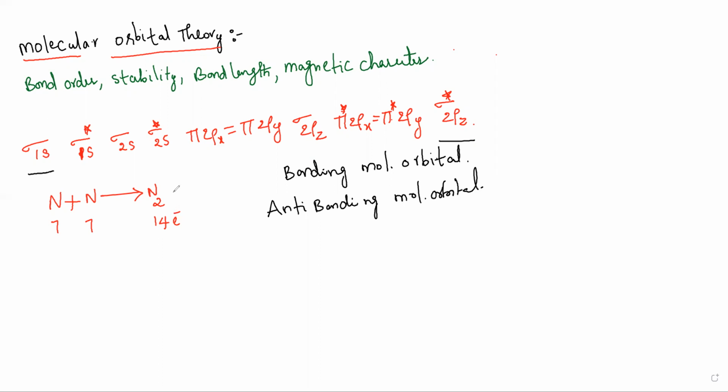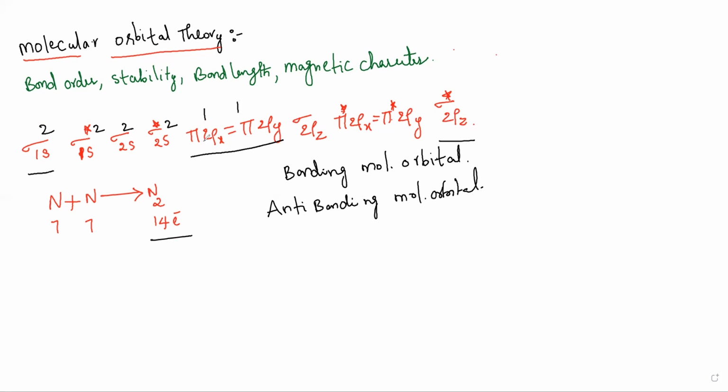We are talking about the nitrogen molecule. It is formed with 14 electrons. Those 14 electrons have to be filled in these orbitals in this order. For every orbital, we can fill a maximum of 2 electrons. So 2 and 2 and 2 and 2. Suppose the orbitals have the same energy, we need to fill one electron first.